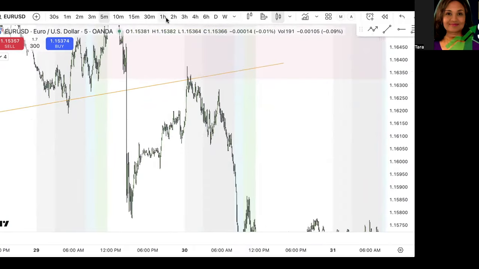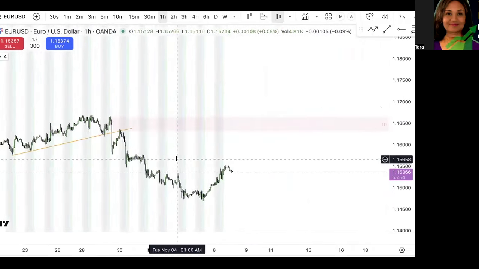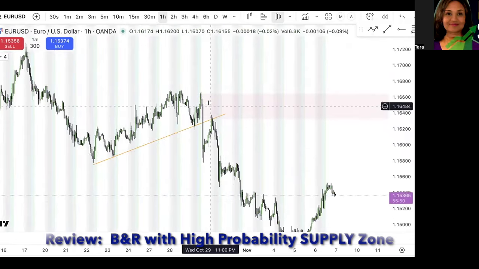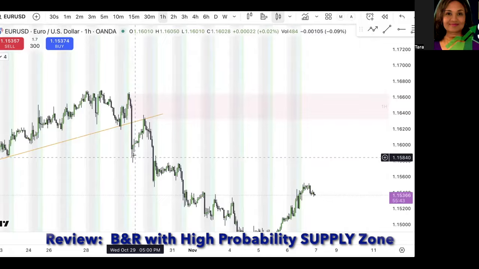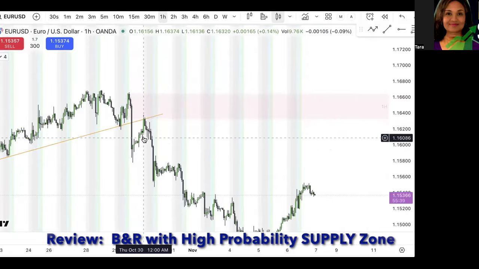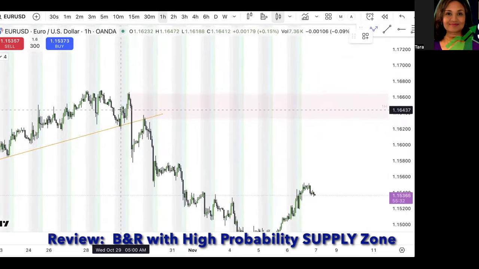But you can see that if we go back out to the 1 hour, we do have our trend line here. We have a trend line, and we have our supply zone here. We have a strong push down from that zone, and we can see where price has come back up and retested. So we can use our path tool, and we can see that price was up here.